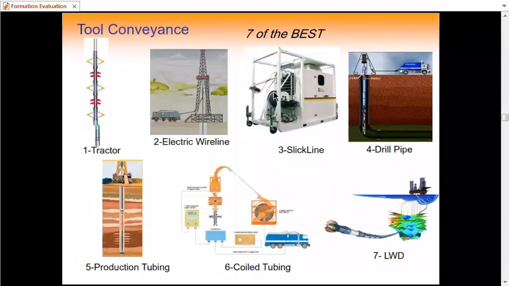Also, we talked about wireline tool conveyance, starting from the tractor, electric wireline cable, slickline or digital slickline, drill pipe, production tubing, coiled tubing, and logging while drilling or LWD.